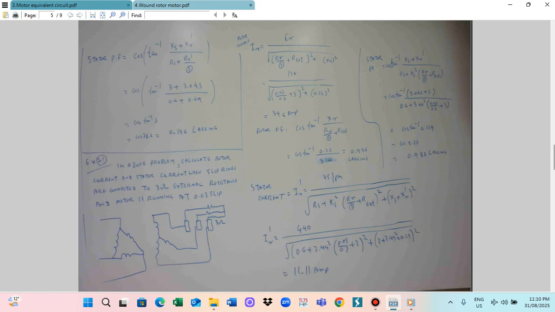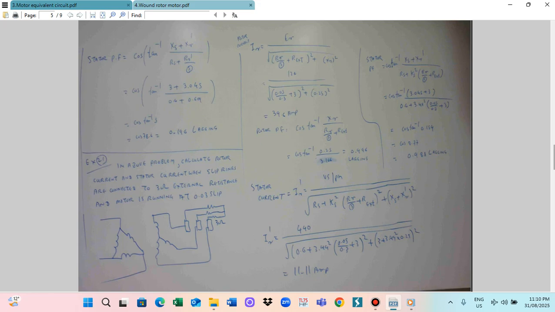Cos tangent inverse. HS is TS we already calculated. Rotor resistance is 3 ohm. So this is 3.045 plus 3, divided by RS. So RS value you substitute.